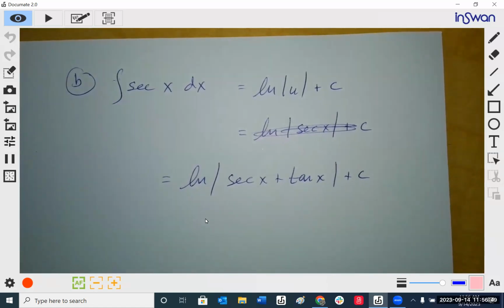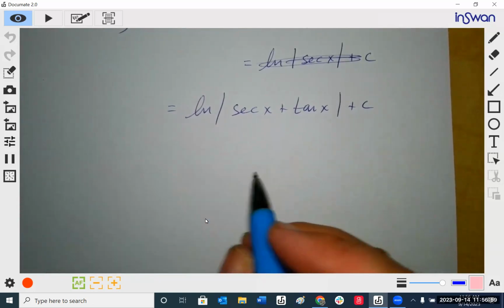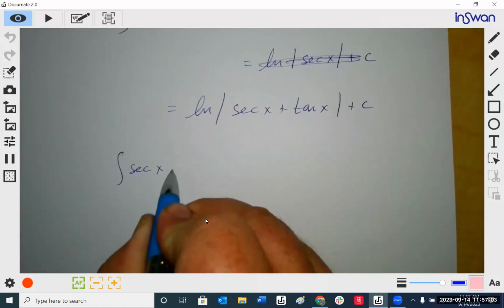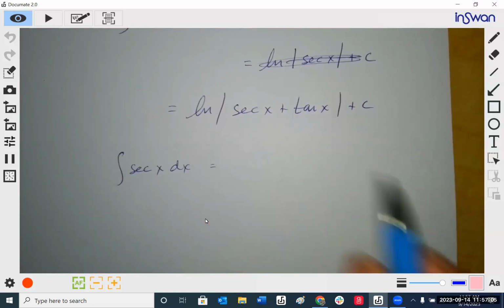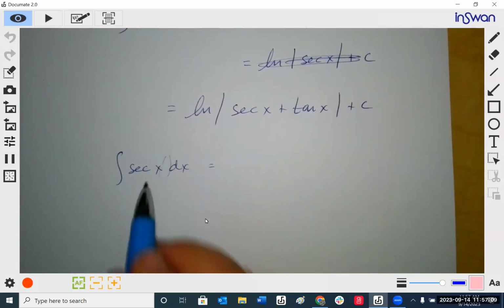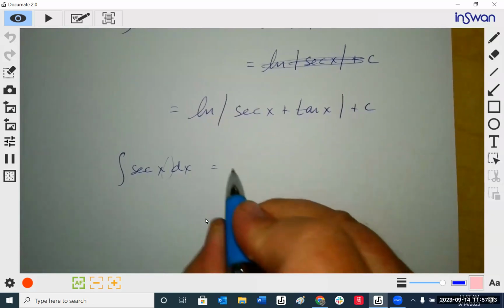All right. The long drawn out derivation of this is secant x dx. You have to multiply by something so that we can use a transformation.